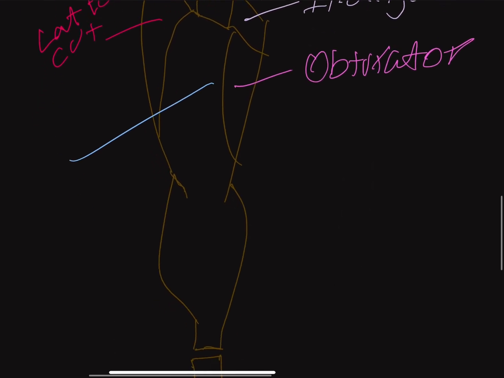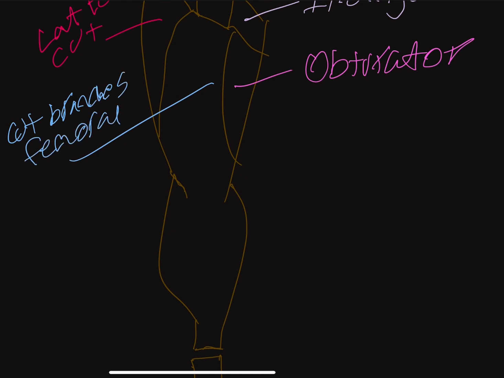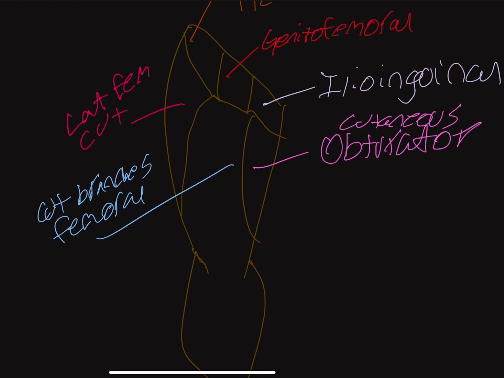Your anterior thigh is going to be your cutaneous branches of the femoral. And your obturator nerve is also going to be cutaneous branches. And your lateral femoral is just its own thing. It's a sensory one.